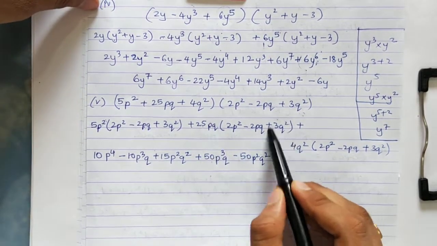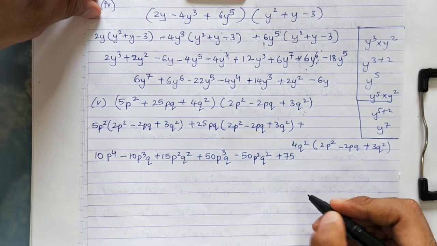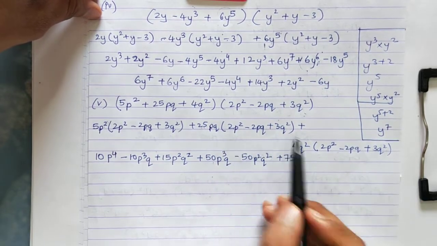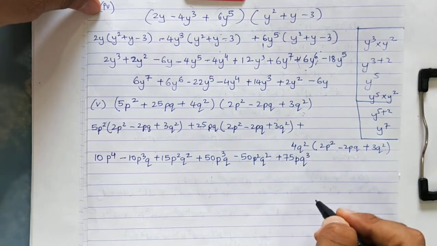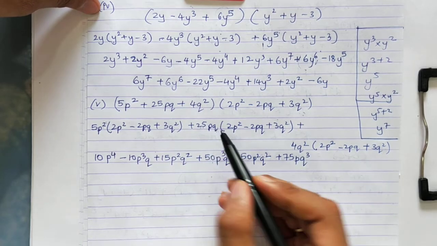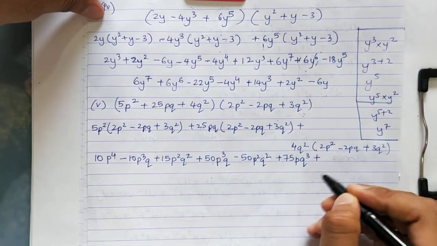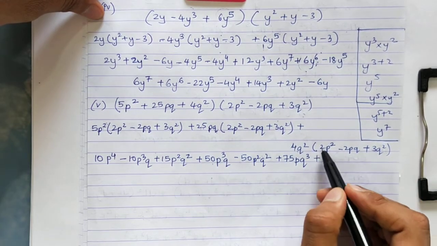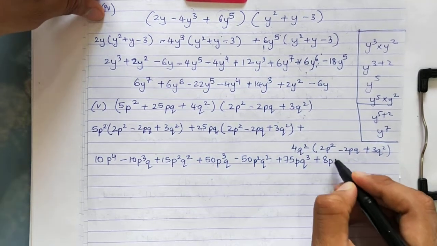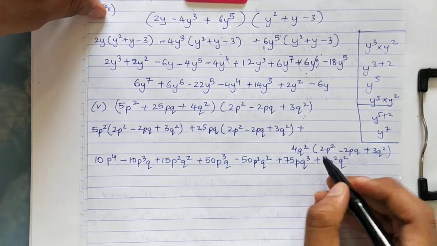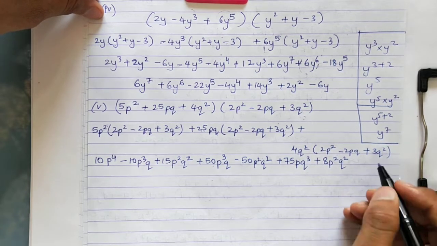Then 25pq into plus 3q square. 25 into 3 is plus 75, p q into q square. Q into q square is q cube, so this will become pq cube. Plus 4q square into 2p square: 4 into 2 is 8, q square p square, so I'll write p square q square, alphabetically.